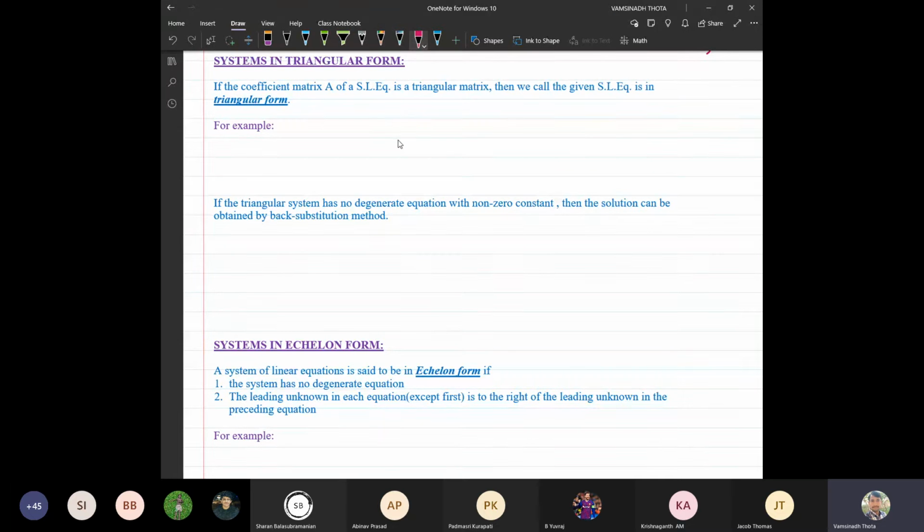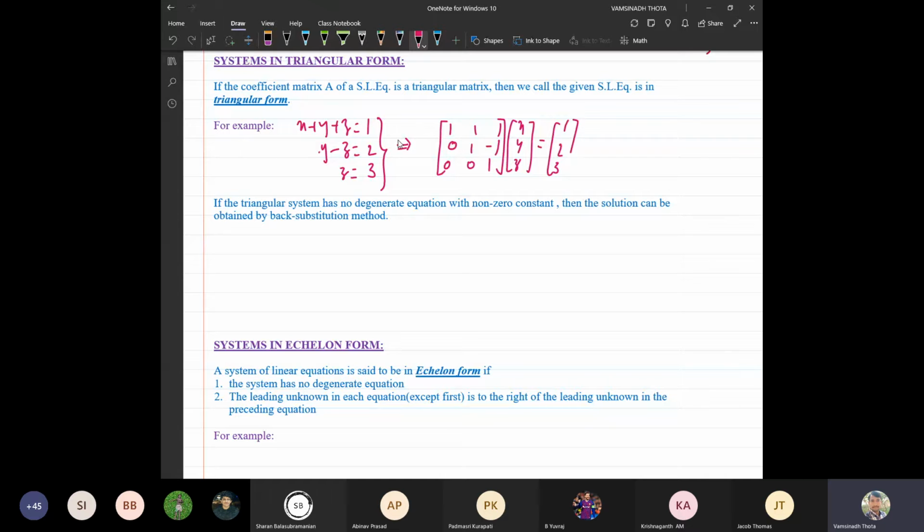For example, you take this system: x plus y plus z is equal to 1, y minus z is equal to 2, z is equal to 3. Suppose assume this is the system of equations I have given. If you write this in the matrix form, then what will you get? [1, 1, 1; 0, 1, -1; 0, 0, 1] times [x, y, z] is equal to [1, 2, 3].